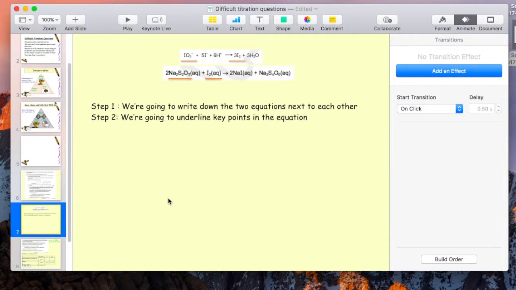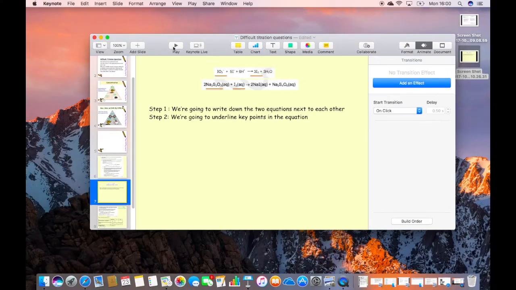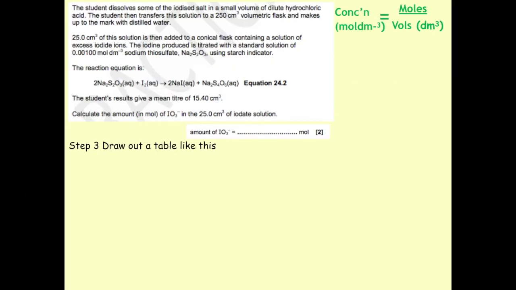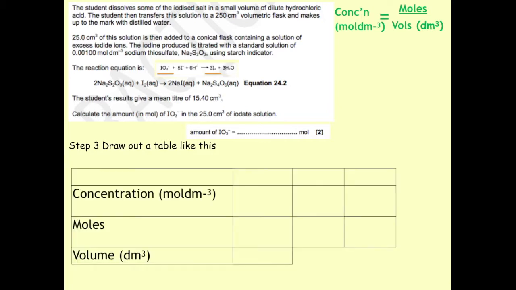What's my next step? Well, what we're going to do next is draw out a titration table. We're also going to write down the equation that will be needed for titrations, which is always concentration equals moles over volume, or moles equals concentration times volume. So the table I'm going to ask you to draw is one like that.